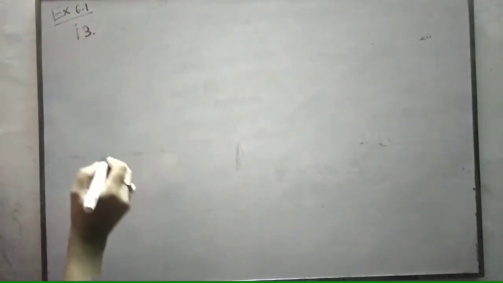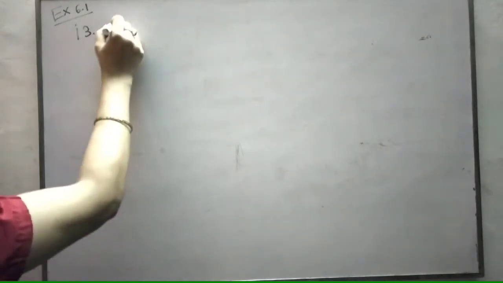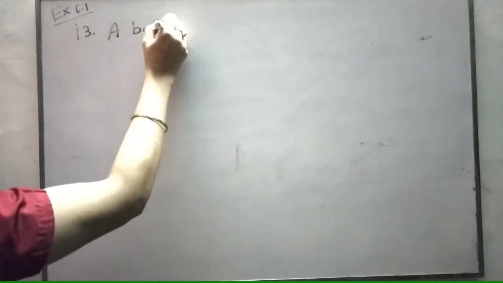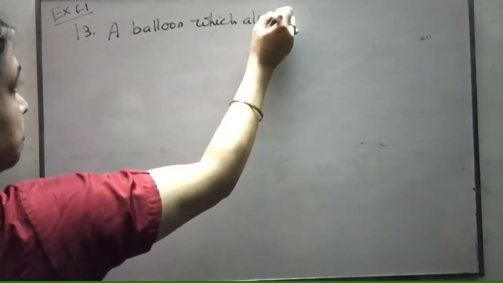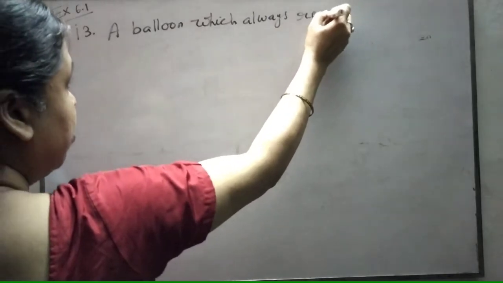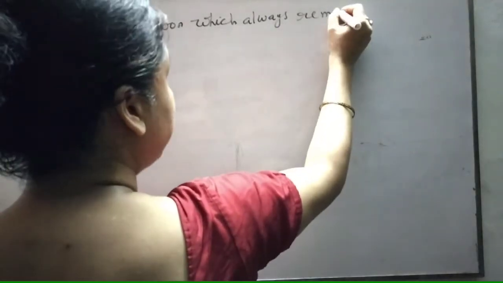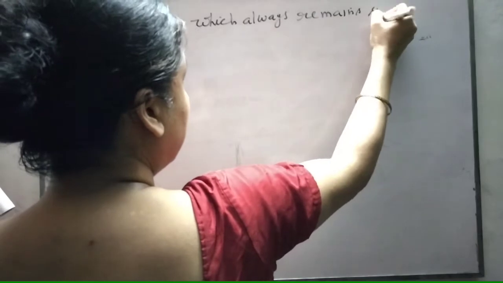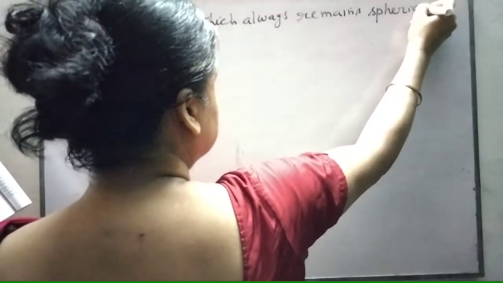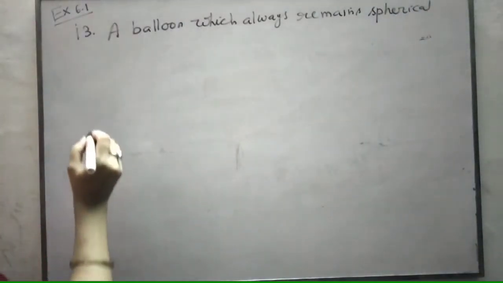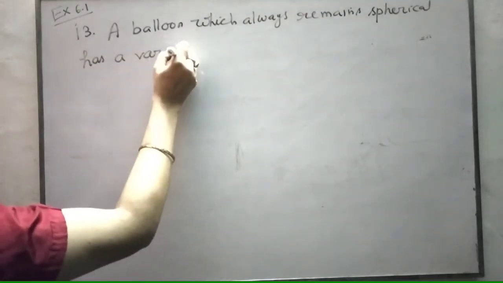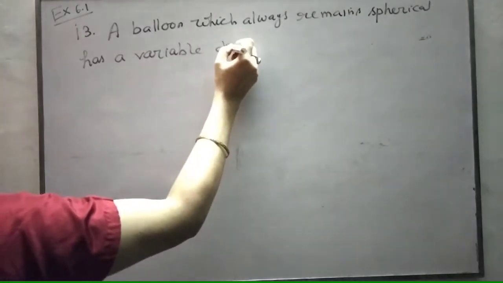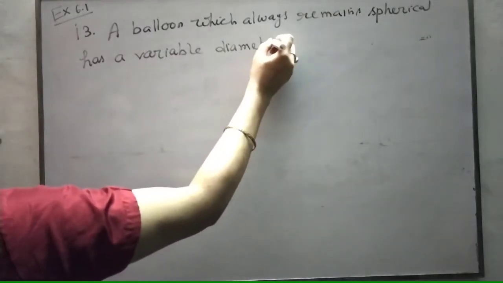Your question number 13 is: a balloon which always remains spherical has a variable diameter. That means here the diameter is variable.